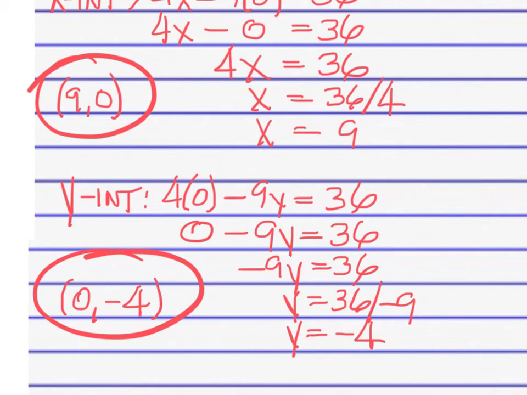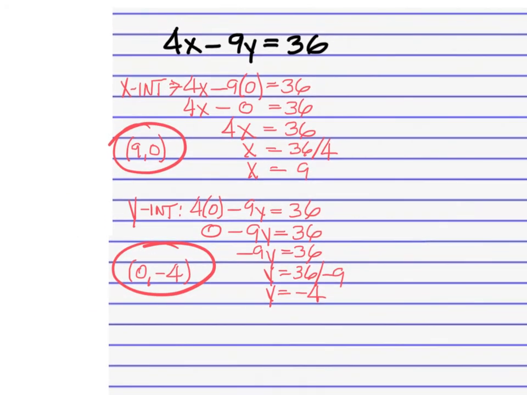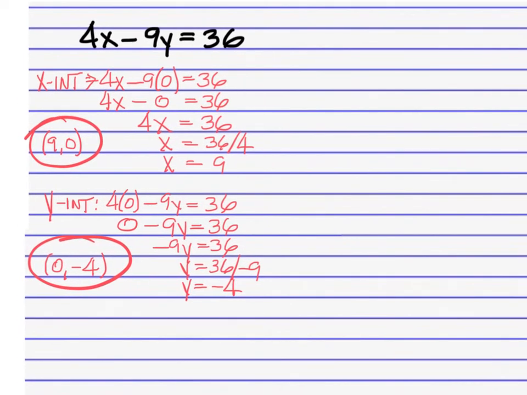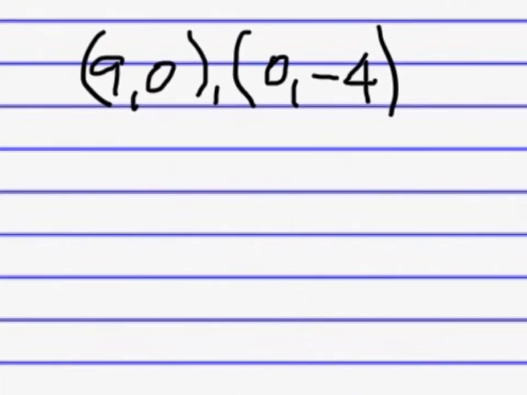So now we have 2 points. We have a 9, 0, and then we have a 0, negative 4. We will find the slope from x1, y1, and then x2, y2.